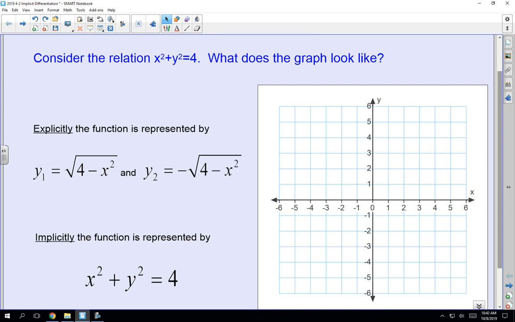Okay. So if I take this relation x squared plus y squared equals 4, that's a circle with radius 2.